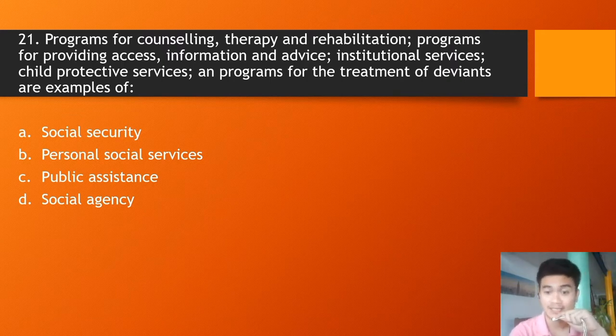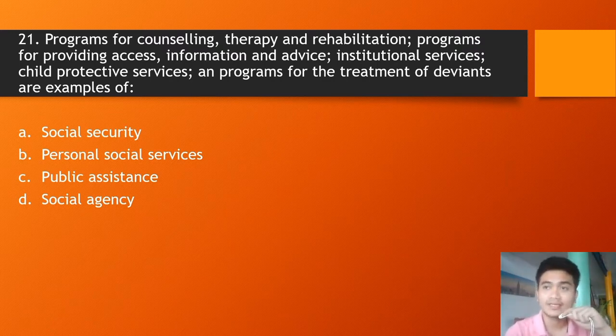Social agency is not included. Again, a social agency is a form of entities or institutions or individuals or groups that have the resources needed for the problem. Public assistance is a form of material and non-material provision by the government.